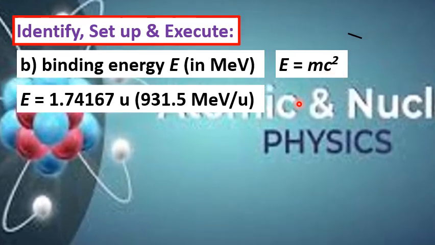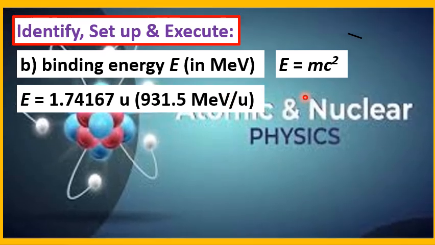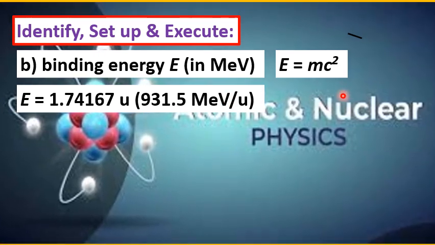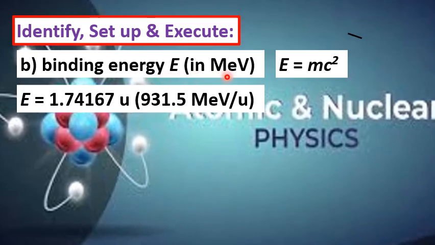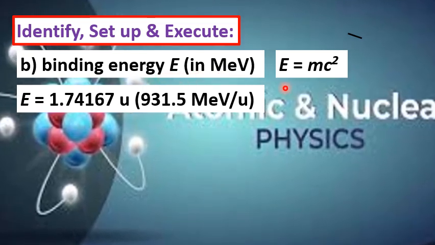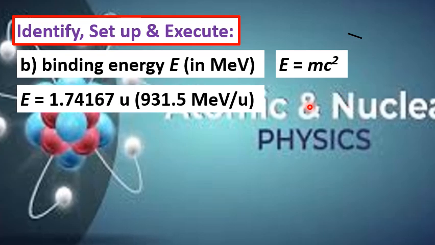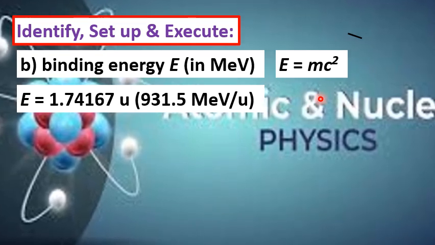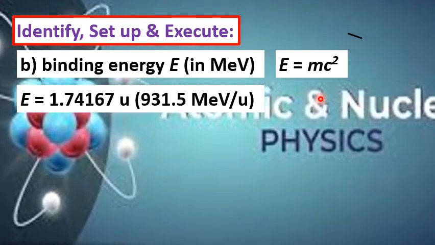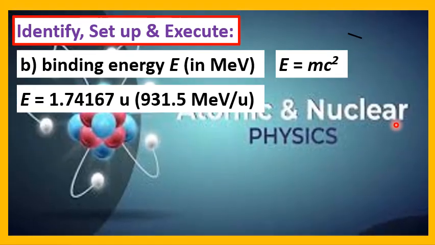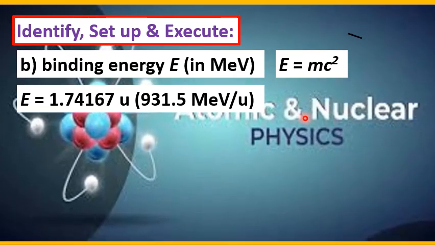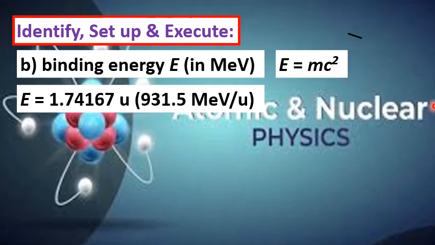Then eventually, you will be getting the binding energy in joules, all right? But since what we want is the binding energy expressed in million electron volts, there is a need for us to still convert the binding energy in joules into electron volts and eventually into million electron volts.